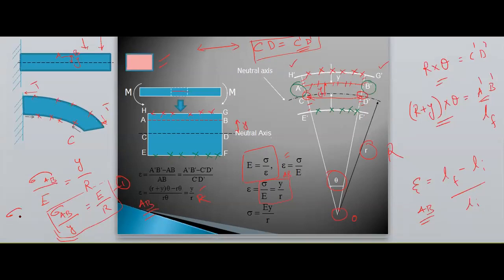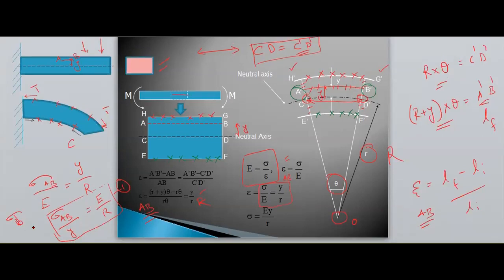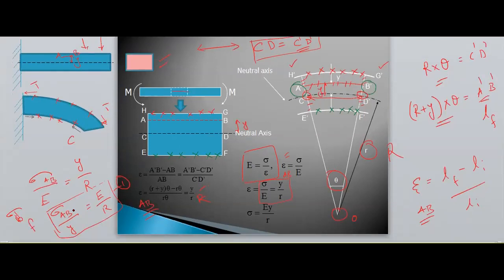Some textbooks write it as sigma B, some textbooks write it as sigma F. So this is the stresses in the fibers. When Young's modulus and radius of curvature are known, when the curvature is known, we can use this formula.